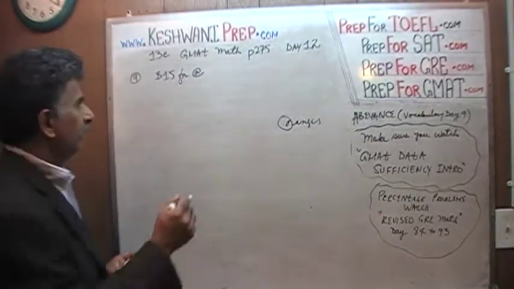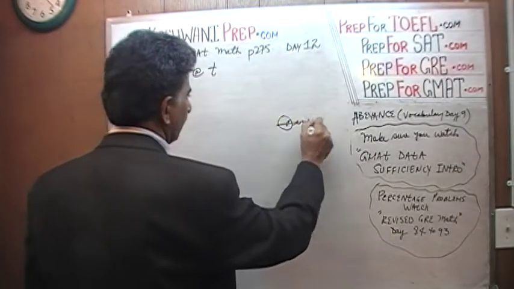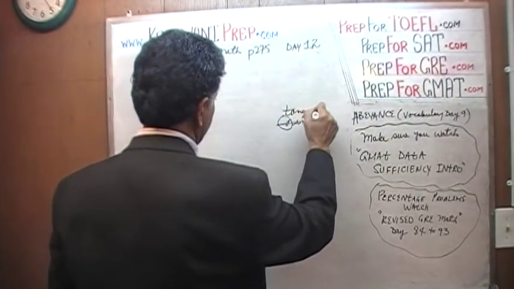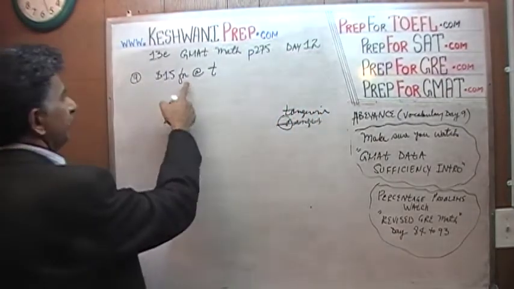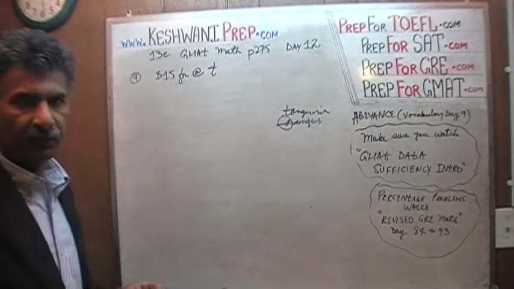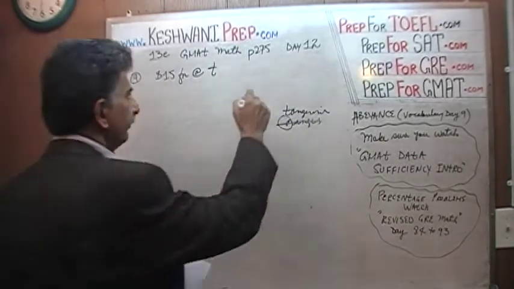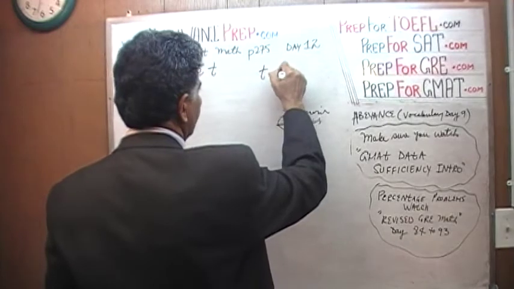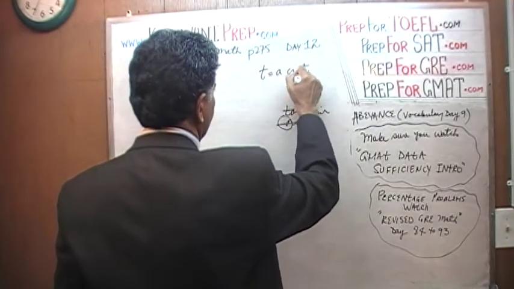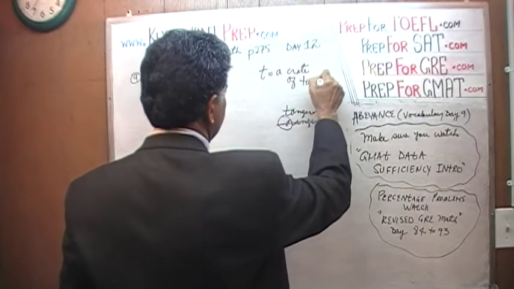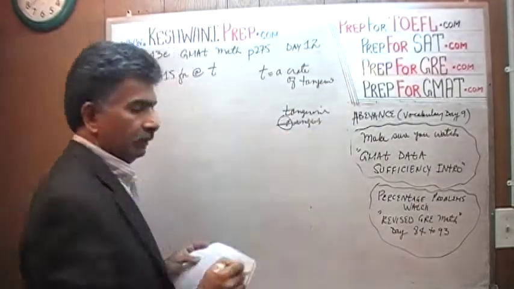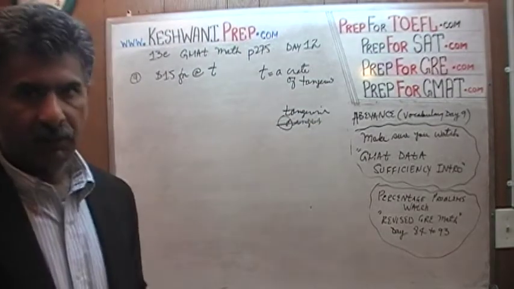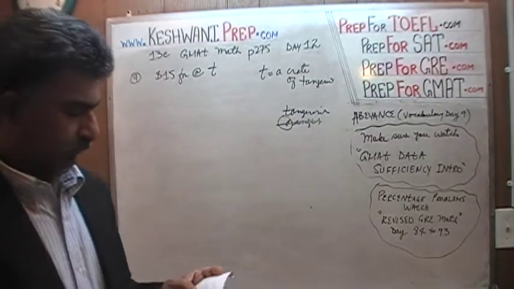I find it annoying. I'm just going to call it tangerines. So he gets $15 for each T. T stands for a crate of tangerine, which have just been designated as honorary oranges.